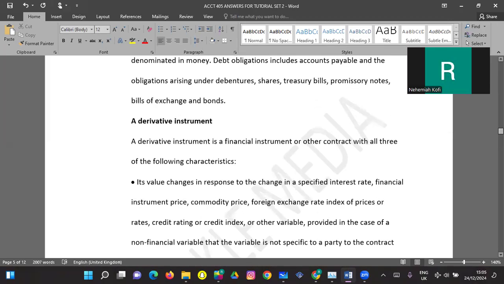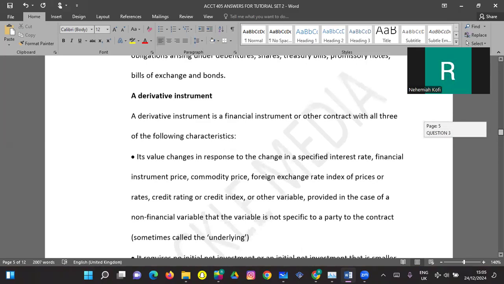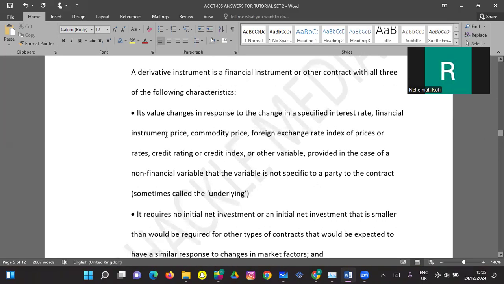All right, so a derivative instrument is a financial instrument or other contract with all three of the following characteristics. First, its value changes in response to the change in a specified interest rate, financial instrument price, commodity price, foreign exchange rate, index of prices or rates, credit rating or credit index, or other variables, provided in the case of a non-financial variable that the variable is not specific to a party.